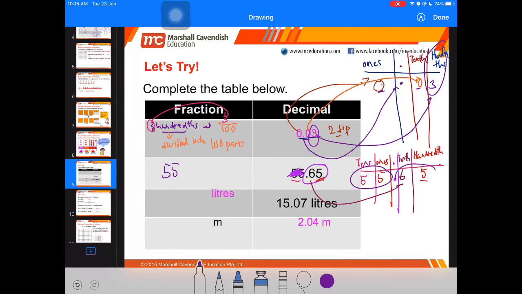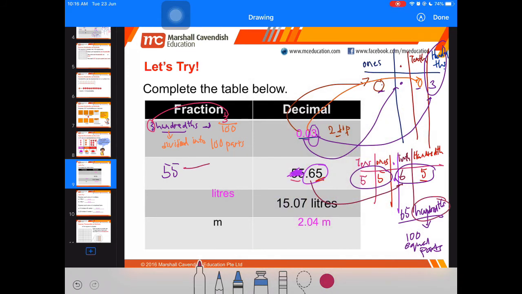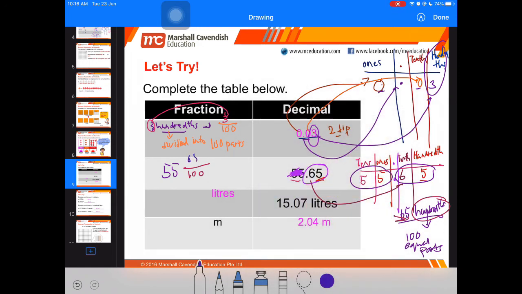And then you can see 65 hundredths. Can you see this? So 65 hundredths. So this is divided into 100 equal parts. So the denominator is definitely hundredth. And what is left? 65. So this is the numerator. So there you go. You have the fraction now.